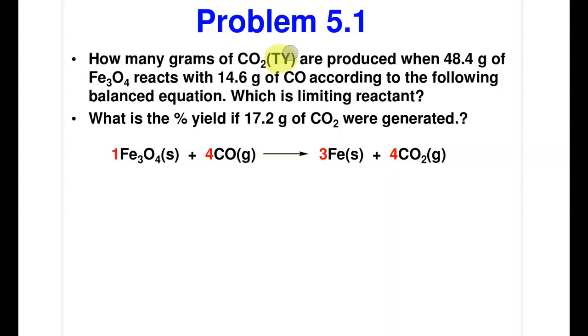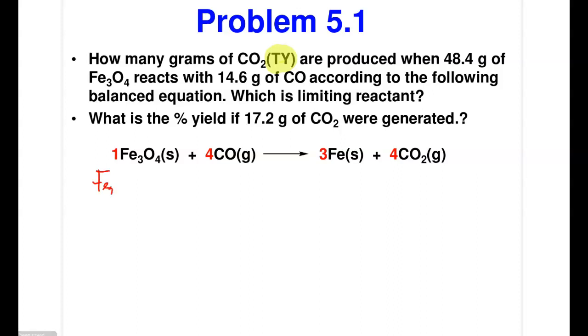Again, we have to do the molar masses of all these. I hope you know how to do the molar mass by now. I'll just write them out, and you can confirm them later.